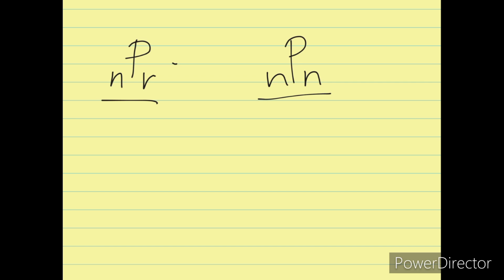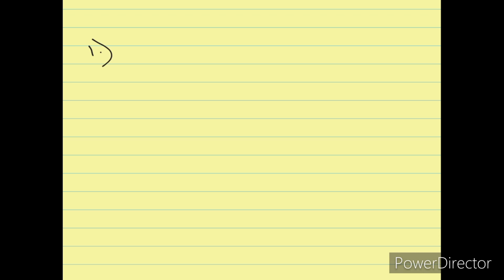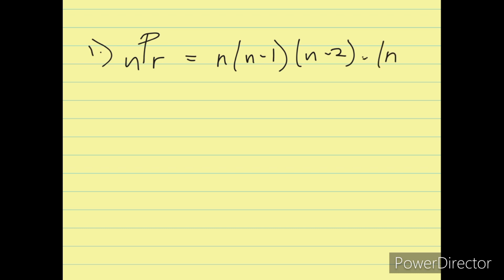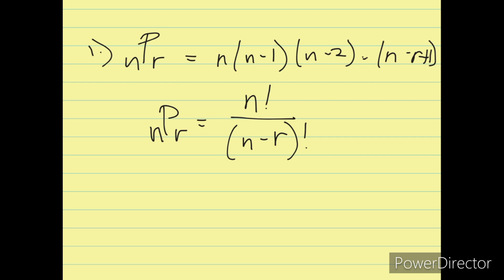So formula, what are those formulas? First, the number of permutations of n things taken r at a time is given by n times n minus 1 times n minus 2 and so on times n minus r plus 1, or the permutation of n things taken r at a time is equal to n factorial over n minus r factorial.